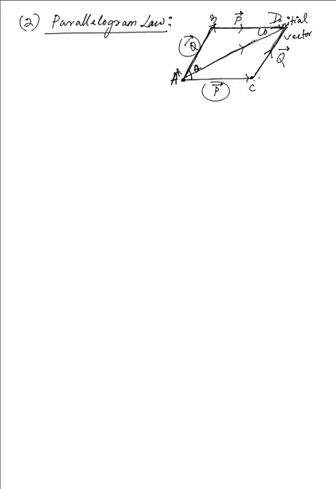In this case, the diagonal is AD. So the R vector is the resultant, that is R vector is equal to P vector plus Q vector. It is the resultant, and that resultant is equal to the diagonal in this case of the parallelogram.